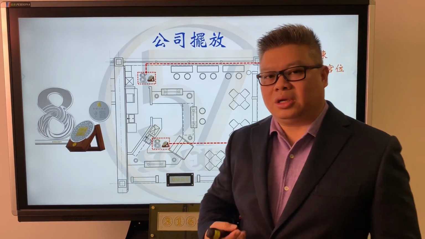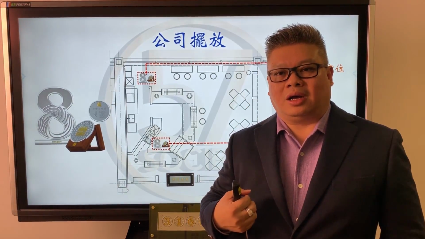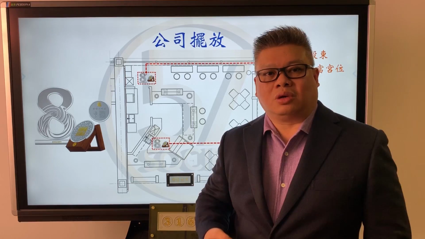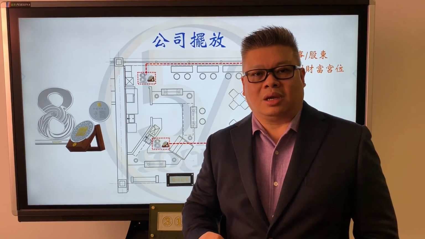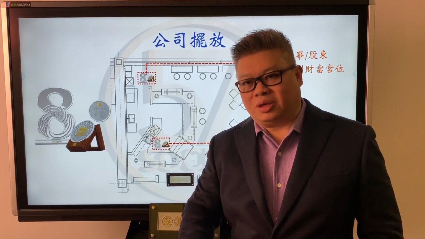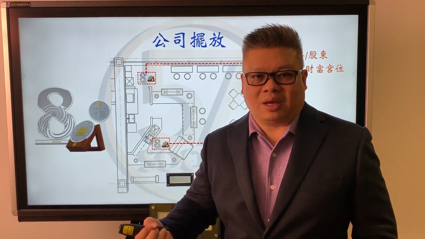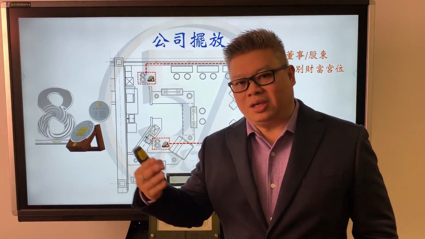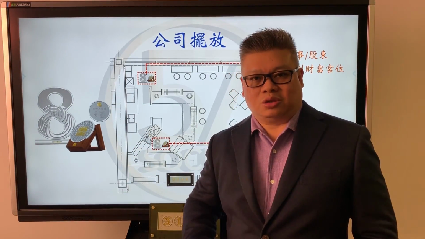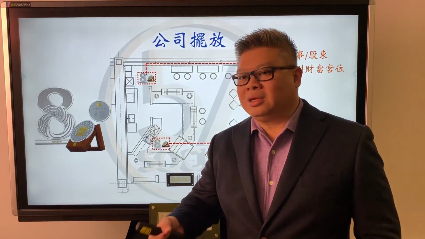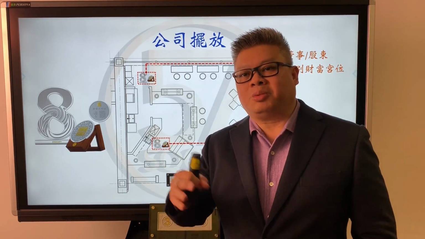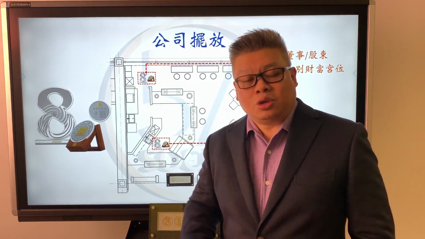Let's say, for example, in the office you have different stakeholders or shareholders or even directors. Each of them will have their own unique set, because each of them will have a different position based on their individual date of birth and their zodiacs. Likewise at home, like husband, wife, and even children.